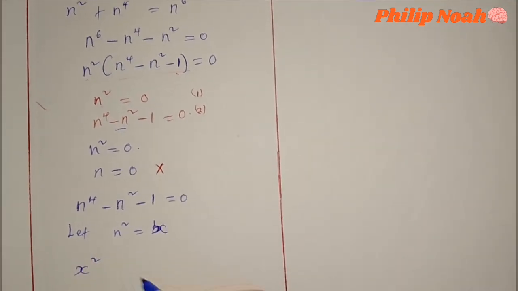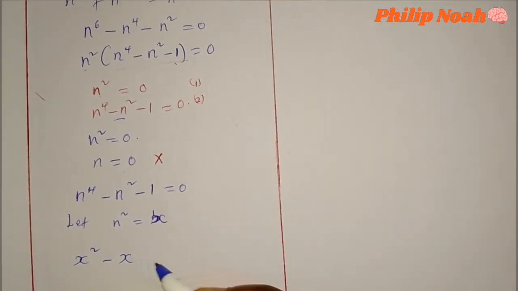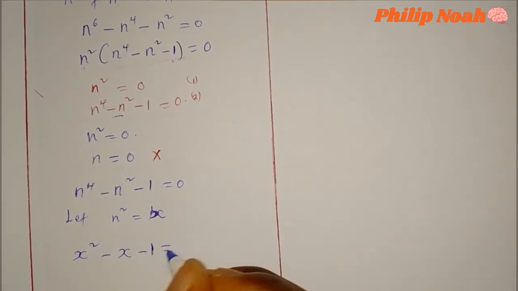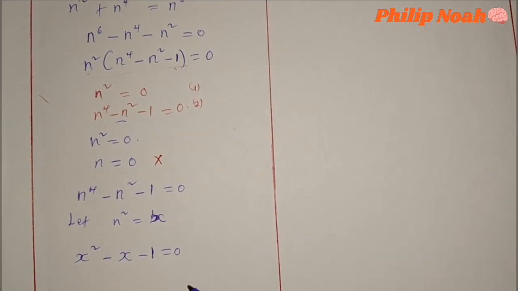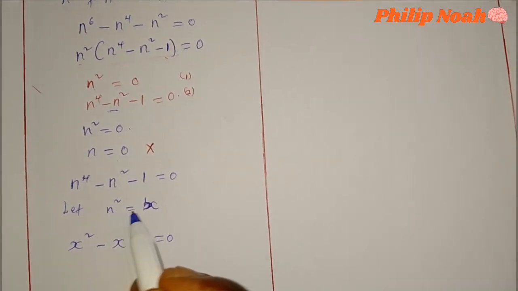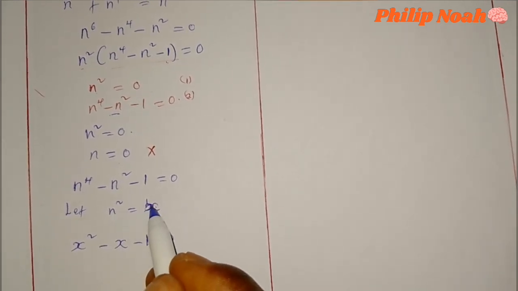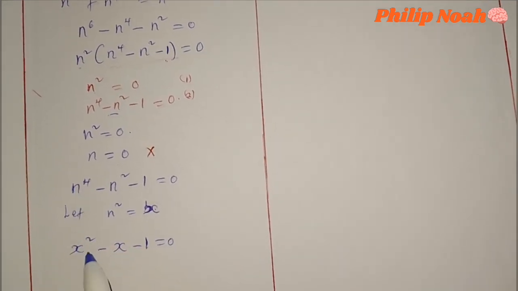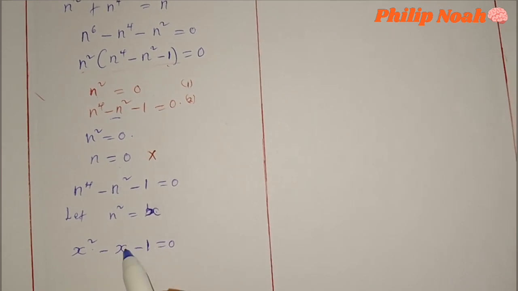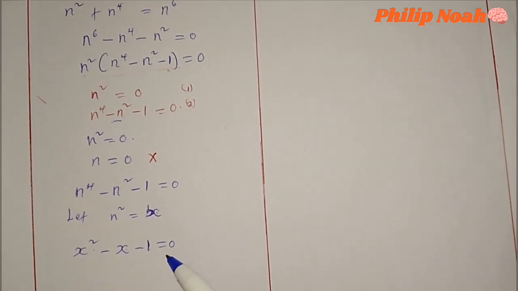Let n squared be x, and now we have x squared minus x minus 1 is equals to 0. Since we have taken n squared as x, it means that here we have x squared, then here it's x, then minus 1 is equals to 0.